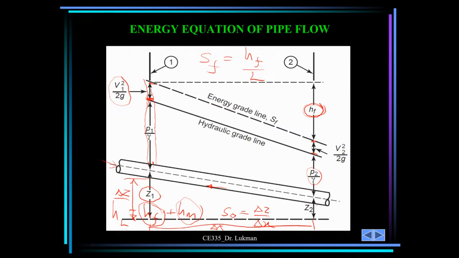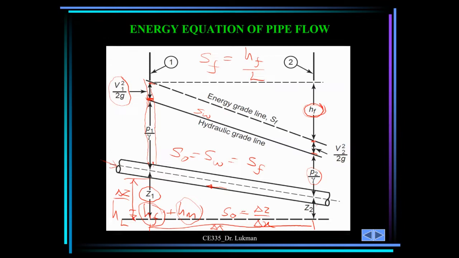For uniform flow, you realize that S naught, and the slope of the top of the water surface, we call it SW. For uniform flow, the bed slope is equal to the water slope and is equal to the friction slope or the energy slope.